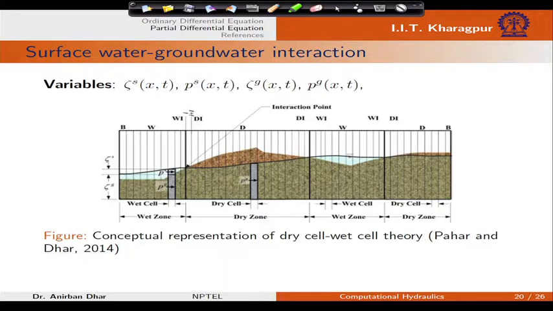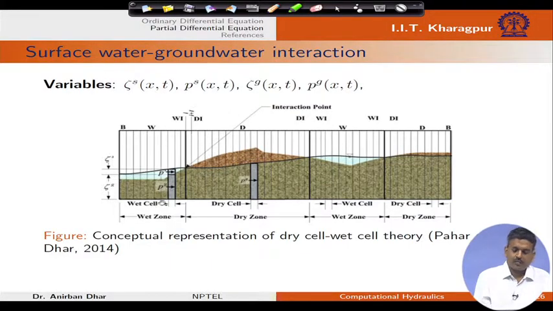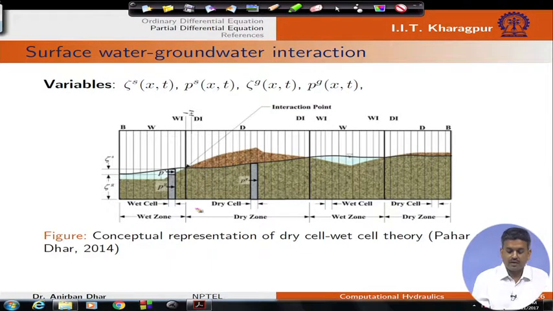Surface water groundwater interaction. So, obviously, the bottom boundary is impermeable. These two boundaries on the left and right hand side can be either specified or no flow boundaries, and for the top surface, as these are depth averaged equations we generally use for this case, we will have a unique depth value or unique water level value.